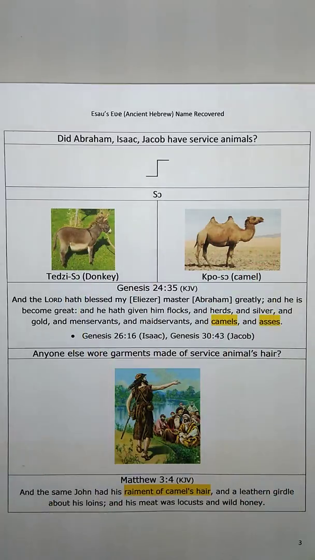And the last question is, has anyone else in the Bible worn garments made of service animals' hair? And the answer is John the Baptist. In Matthew chapter 3, verse 4, we read, "And the same John had his raiment of camel's hair, and a leather girdle about his loins, and his meat was locust and wild donkey."